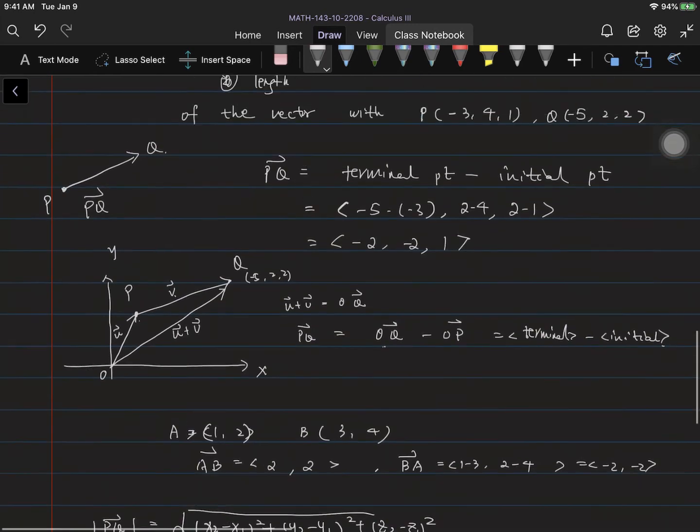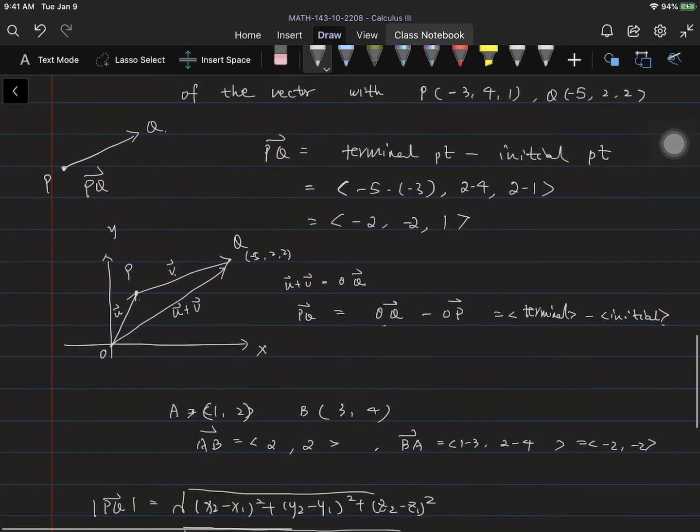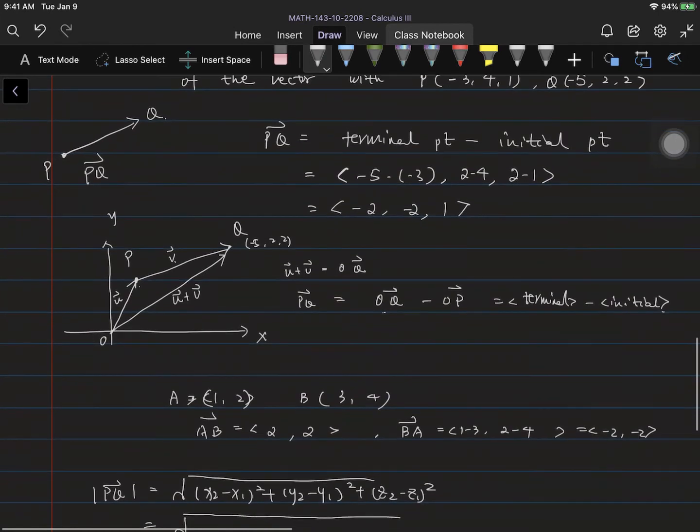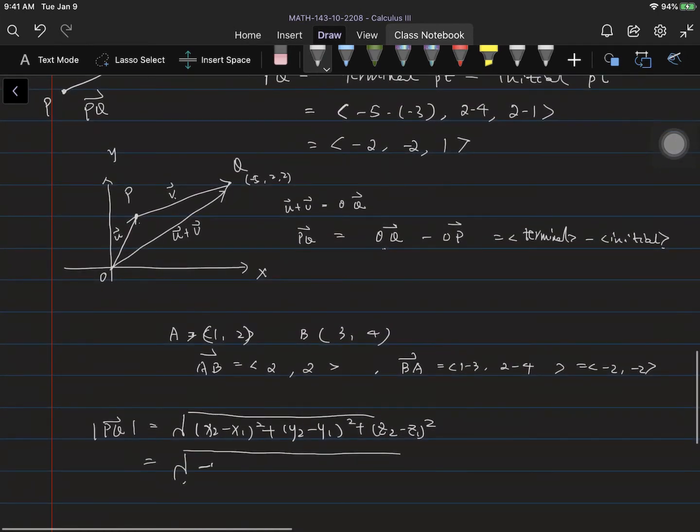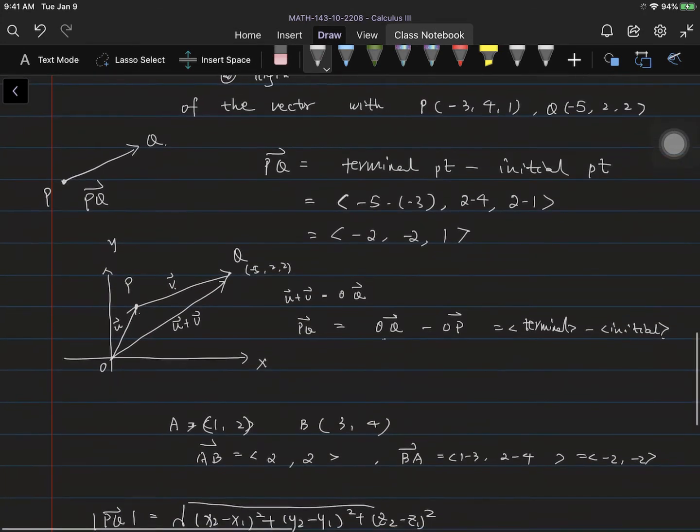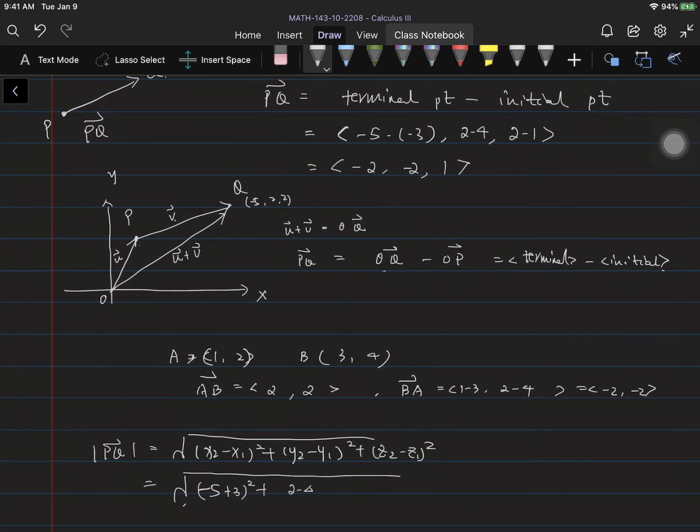So x2 minus x1 is negative 5 minus negative 3, so negative 5 plus 3, squared, plus 2 minus 4, squared, plus 2 minus 1, squared. After we simplify, it is 4 plus 4 plus 1, which is the root of 9, which is 3. Right, so this is how we find the length.